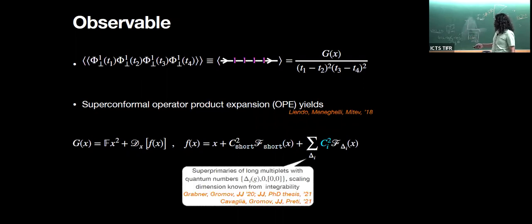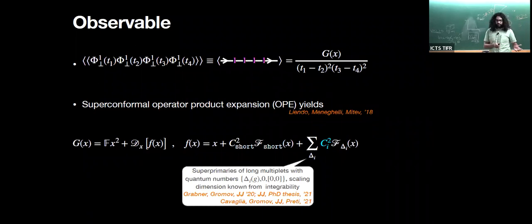So let me tell you what those delta I are. These delta I are super primaries of long multiplets with a very specific choice of quantum numbers, basically that they are chargeless, so they don't have any SO3 spin or any SO5 charge. And the scaling dimension of these operators is known from integrability.